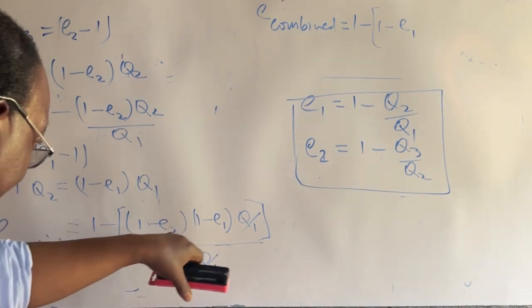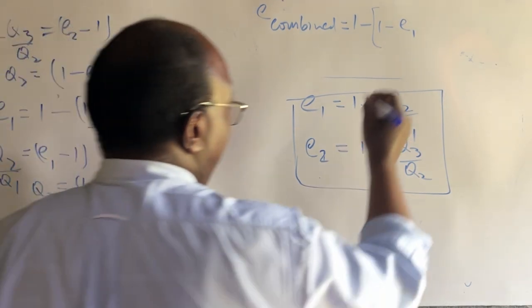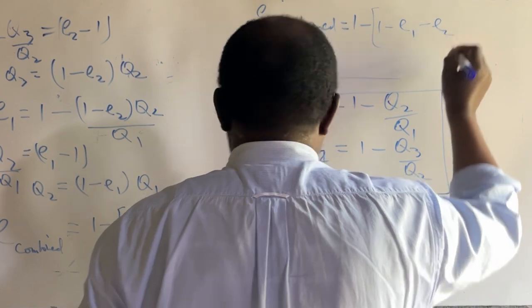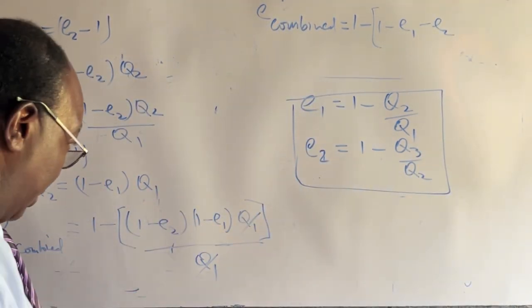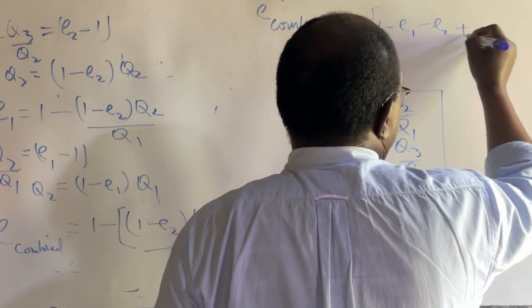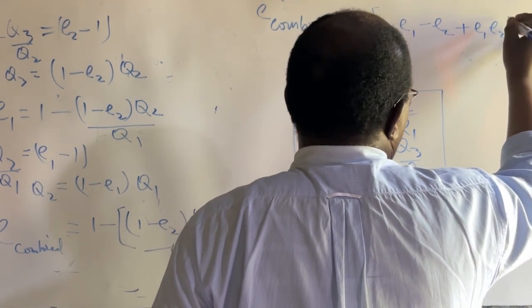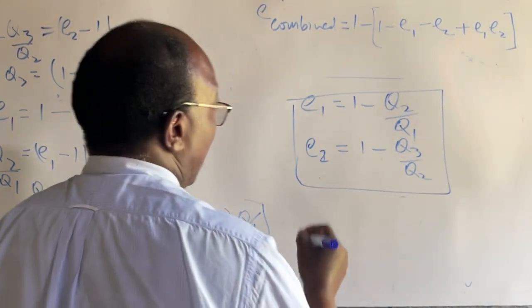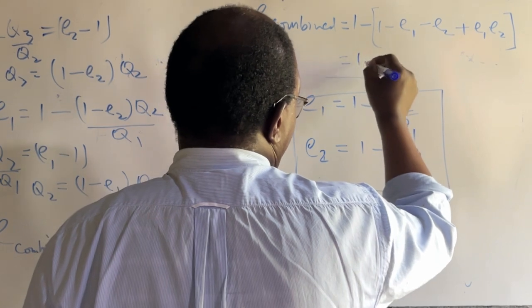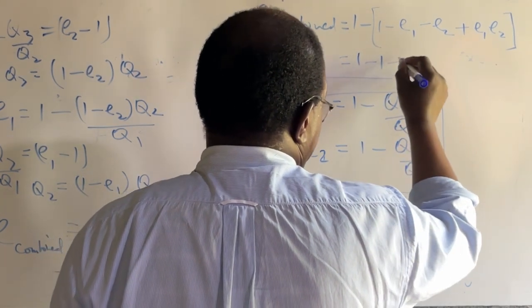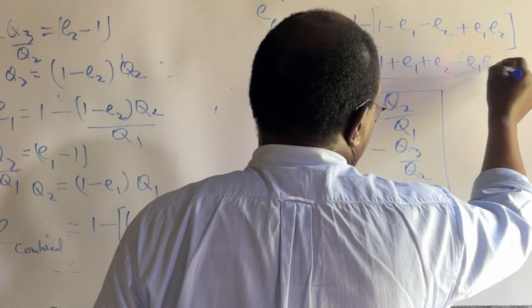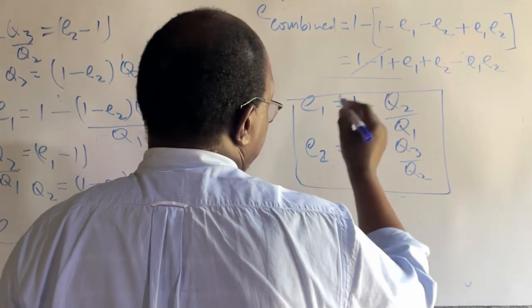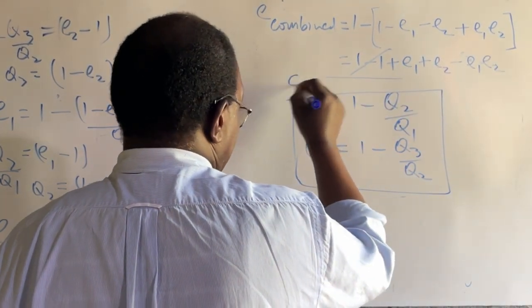And then we have minus E2, and minus E2 times minus E1 will be plus E1 E2. And of course, if you open those brackets, you'll have 1 minus 1 plus E1 plus E2 minus E1 E2, and the 1s will cancel.